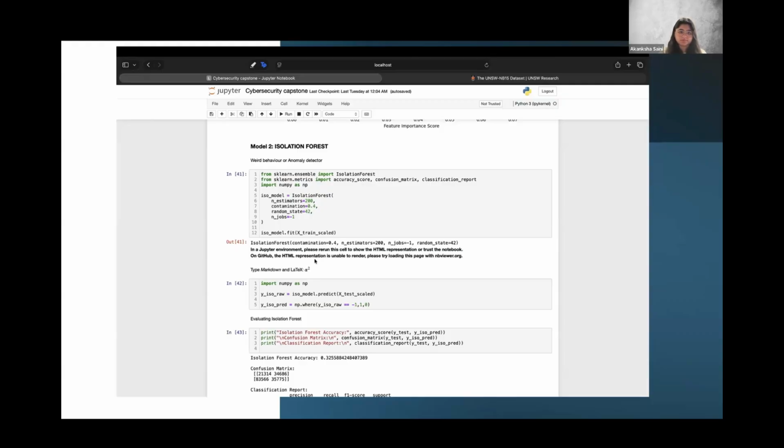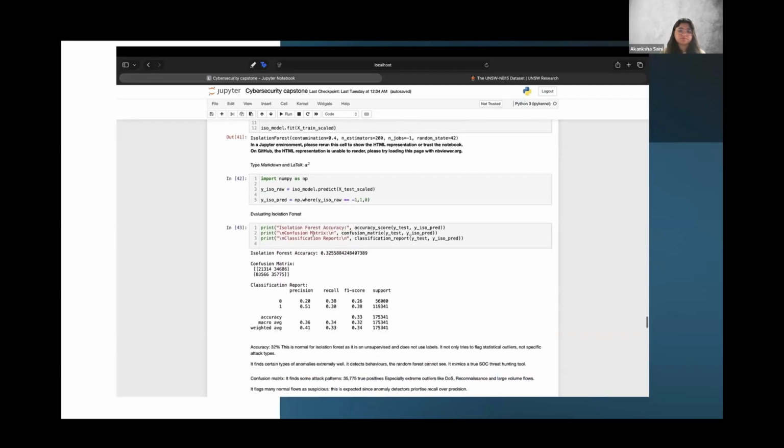This is an unsupervised anomaly detector. Unlike random forest, I did not feed it with any labels during the training. Instead, what it does is it analyzes the geometry of the data to learn what normal looks like, and then isolates data points that are statistically distant.